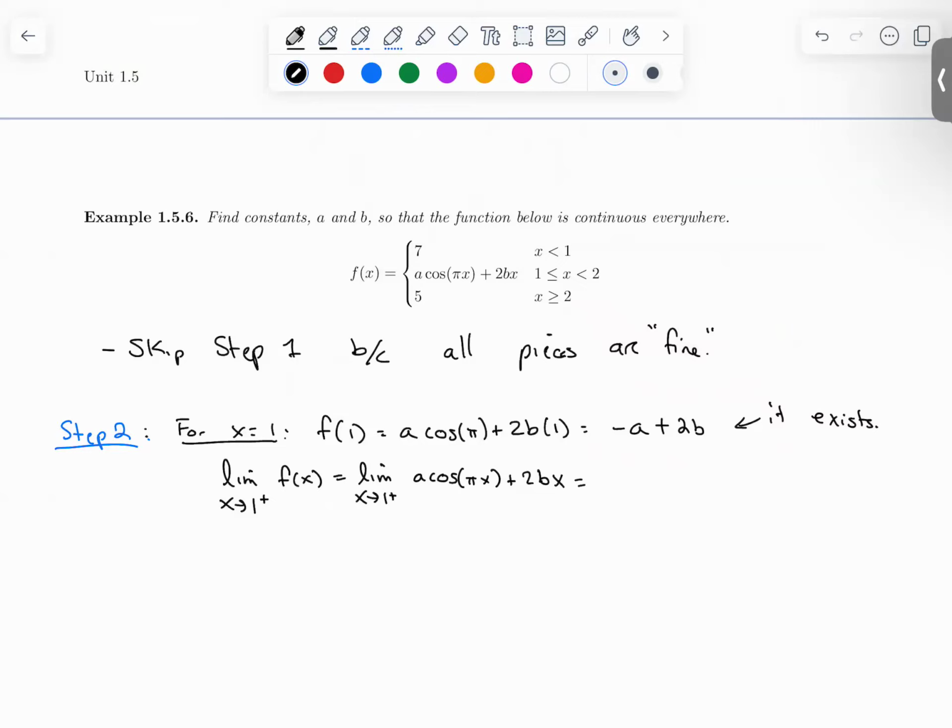So you can ignore them and just plug in 1. We're not dividing by 0. We're not taking square roots of negative numbers. So we're fine. This will be a cosine of pi plus 2b times 1. That's -a plus 2b. That is the limit as x approaches 1 from the right.